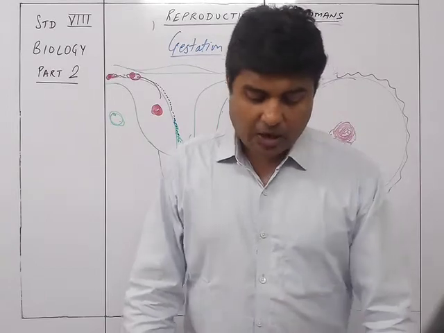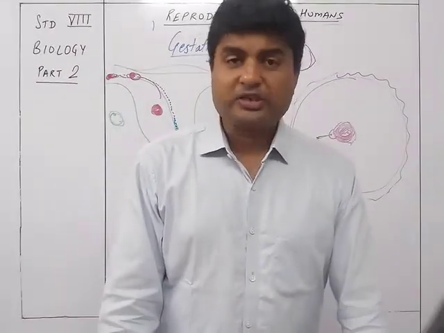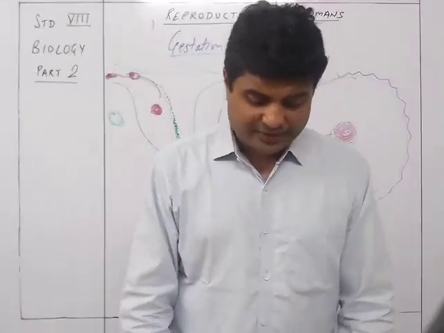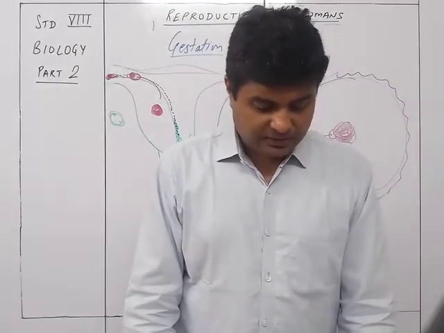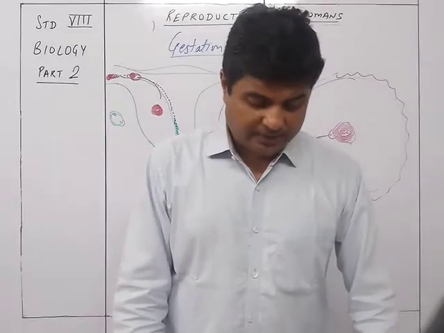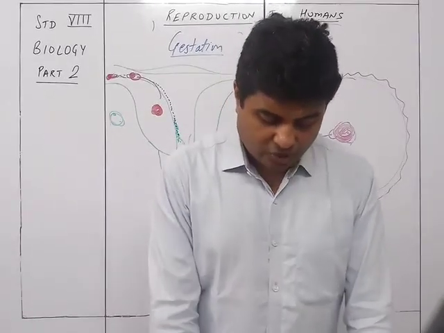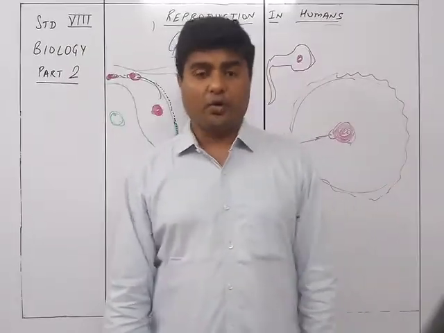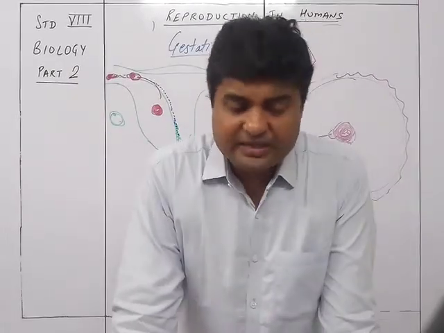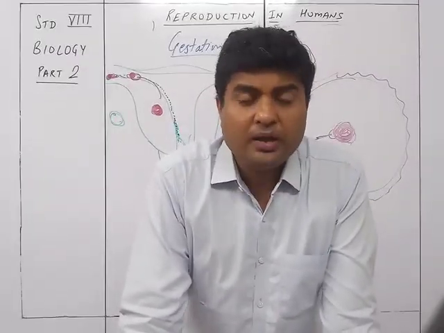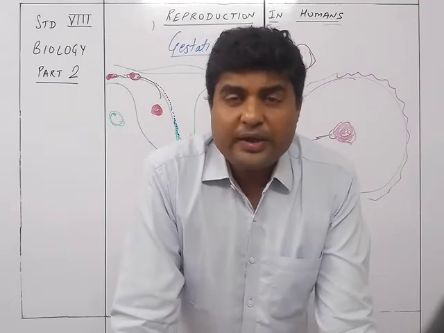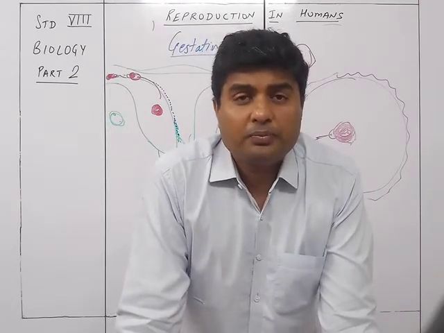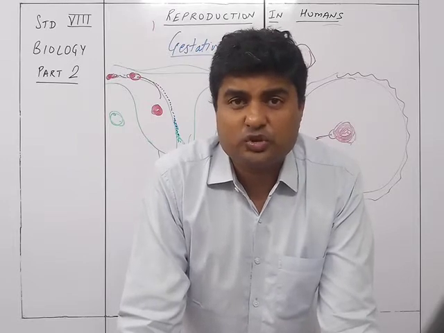So this was about the chapter reproduction in humans. A very short chapter, a very small chapter overall, and yeah, the main part over here is the 2 diagrams of the male and the female reproductive organs. So diagram 3.5 and 3.6, of course you don't need to draw them, but all the parts which are labeled over there should be known, and also if they are given us the functions of those parts, then that needs to be learned properly.